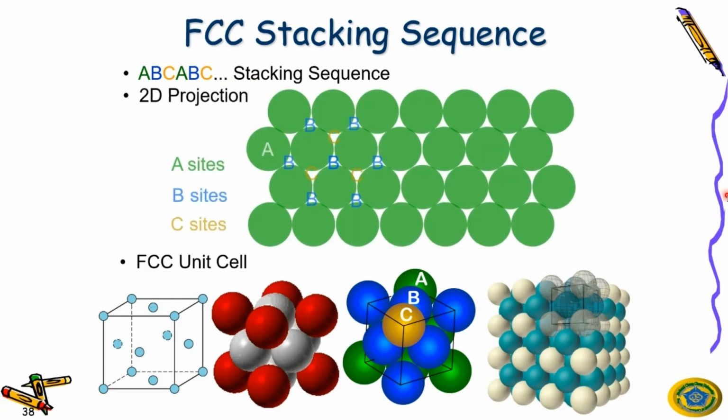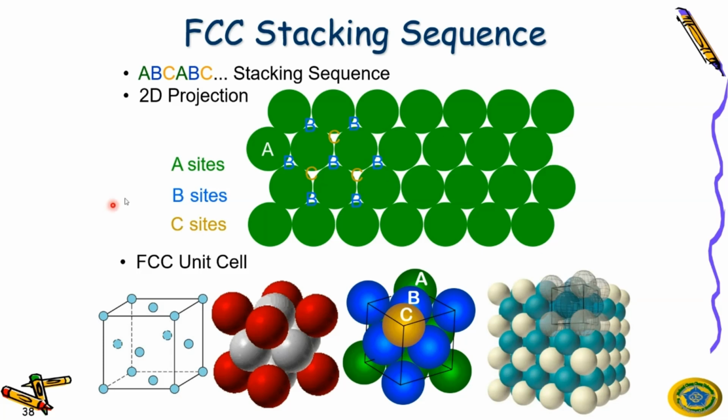Let me show you. If you take a look at the two-dimensional projection, as you can see, this A site here, A is represented by the green balls here. For the next layer you have two choices.